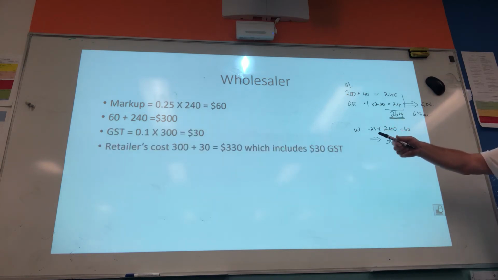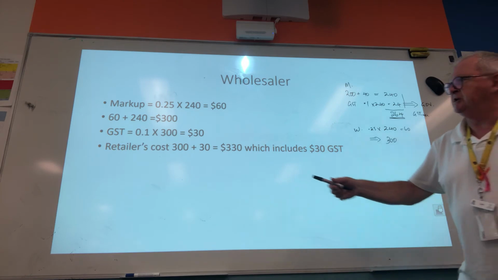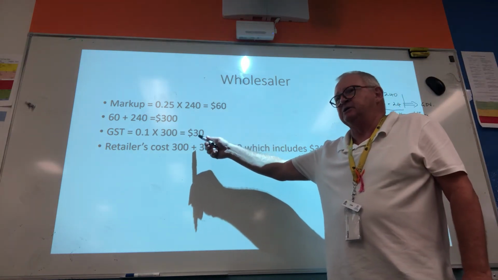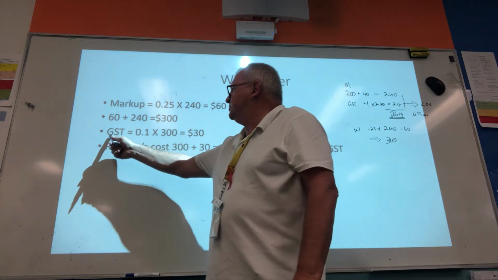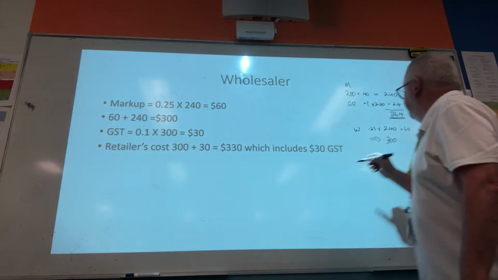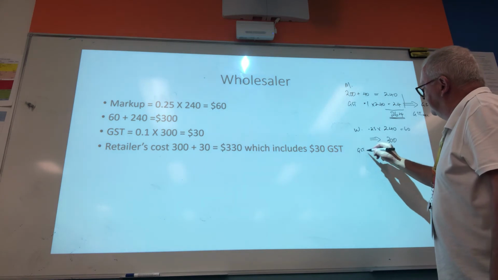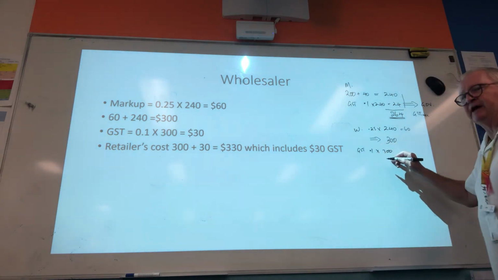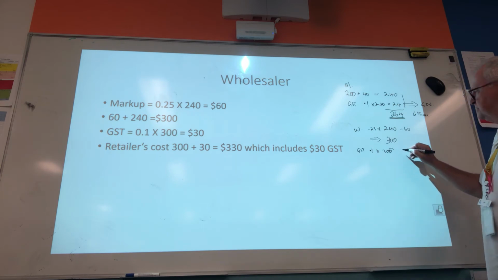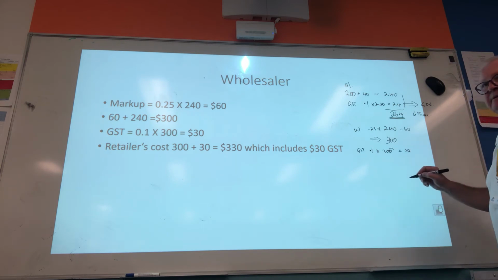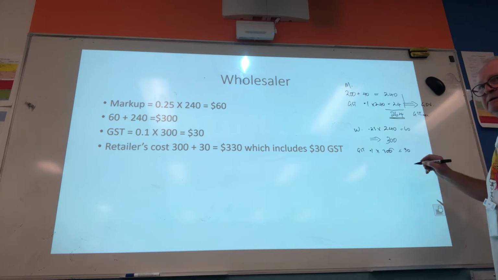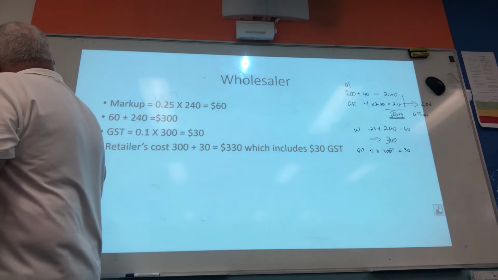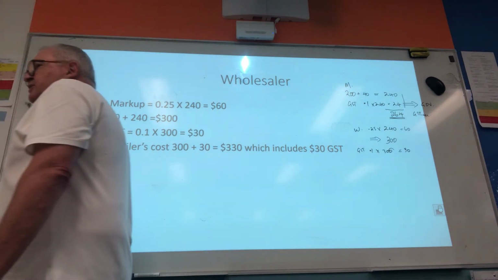Now, he's going to sell it to a retailer. Before he sells it, he's selling someone a good, and he has to put GST on it. So he has to put GST 0.1 of 300. A tenth of that, just move the decimal place back one hop, is $30. So 0.1 is 10%. Over here, 10 per 100, cancel, cancel, 1/10, 0.1.